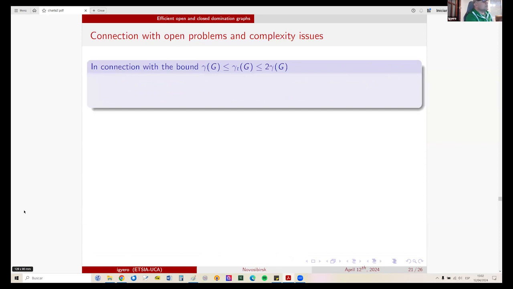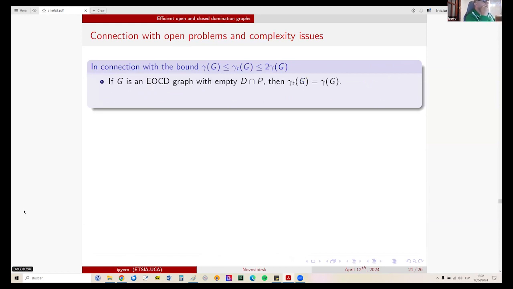For instance, we know about this connection which exists between domination and total domination, which means that the total domination is always bounded between the domination and 2 times the domination. There are several studies concerning this characterization of these graphs.